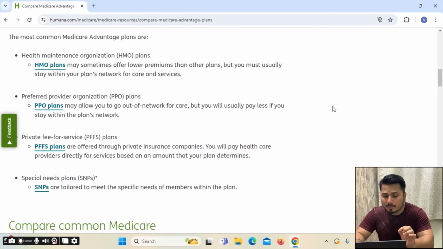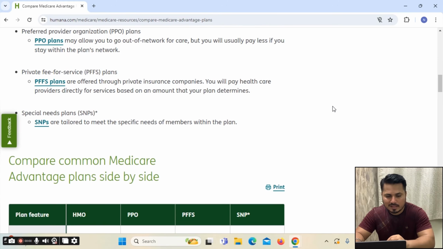Now, preferred provider organization, which is called PPO plans. PPO plans may allow you to go out of network for care, but you will usually pay less if you stay within the plan's network. Then private fee-for-service plans, which are called PFFS plans.